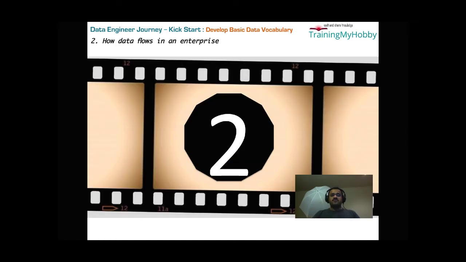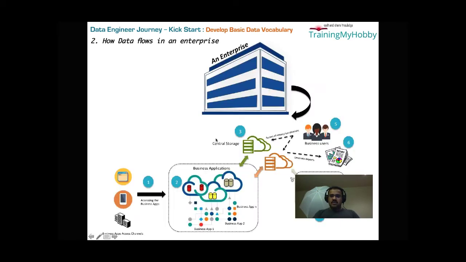Let's come to how data flows in an enterprise, which is my second topic. Once you have the basic understanding of what is hot, warm, cold data, and the difference between data and information, then how the data flows in an enterprise. Assume there is an enterprise, need not be in one large building, it could be at multiple places.